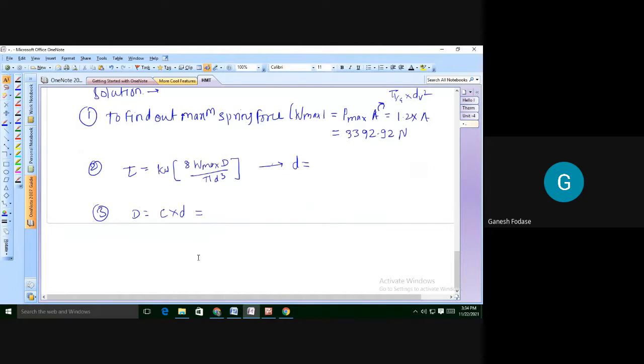And after this, we can find out number of coils. To find number of coils, the important thing here, in this case, is delta max.